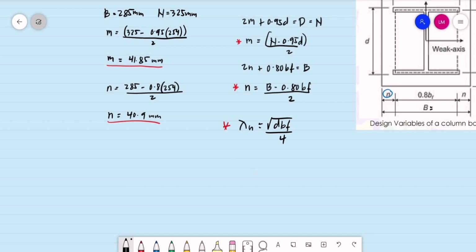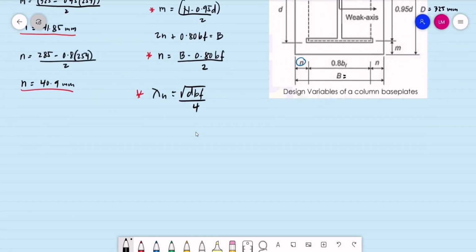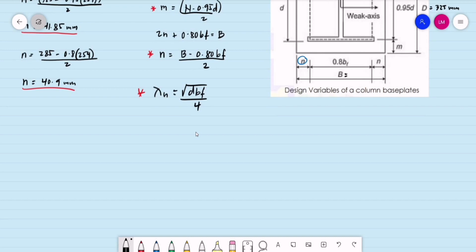Okay, so it is given from our reference. So computing for the value of lambda sub N is equal to the square root of 254, the base width of the flange is also 254, then all over 4.